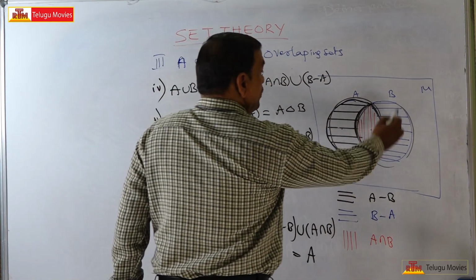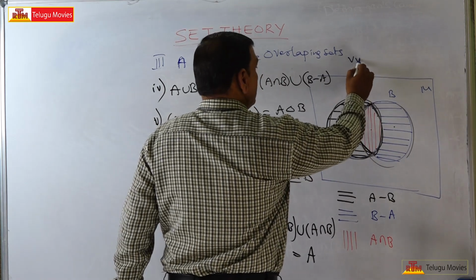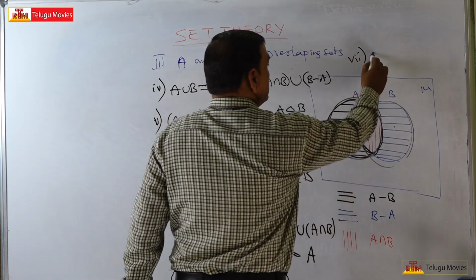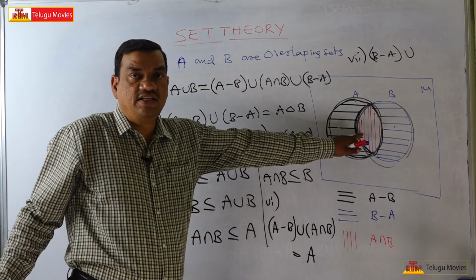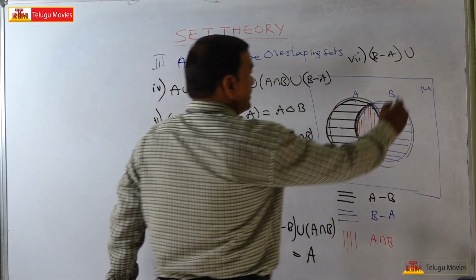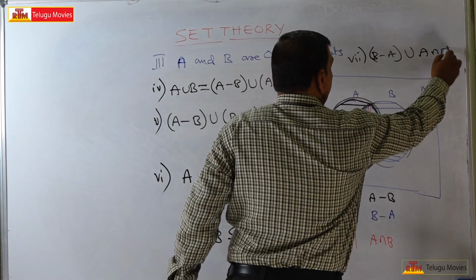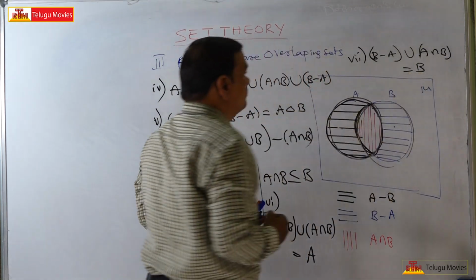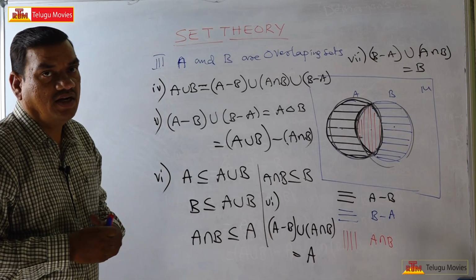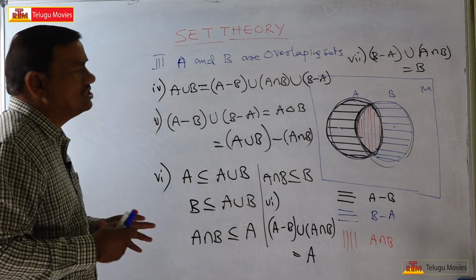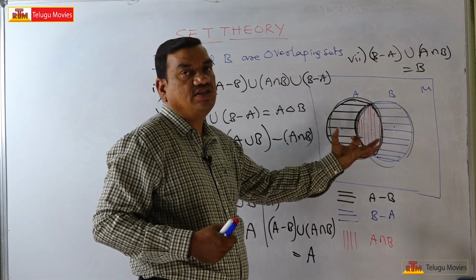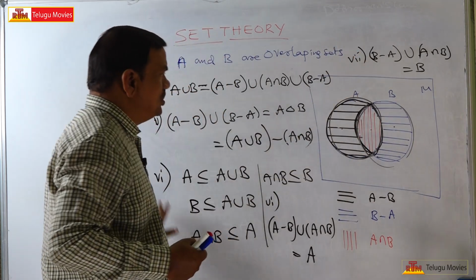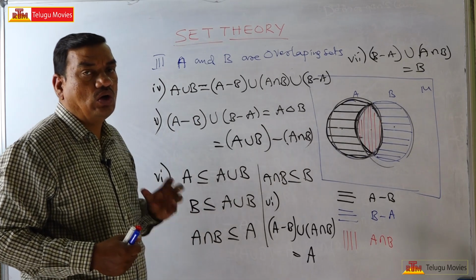Again, this blue part, the seventh one, is B minus A union, what is this red part? A intersection B. Together it is called B. Understand this? So these are the results you can get from this diagram. These are the things that you have to conclude from this.